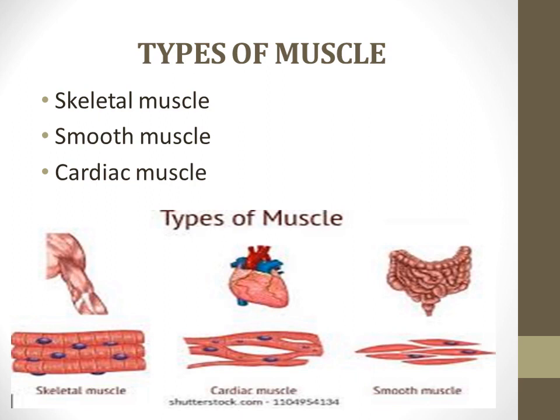Of course, from the name you can understand that skeletal muscles are attached to the skeletal system, right? The second one is the cardiac muscle, a special muscle which is present only in the heart, right? And the third muscle is smooth muscle. It is present in the smooth organs in our body, for example, the digestive system. They displayed it there. Clear?